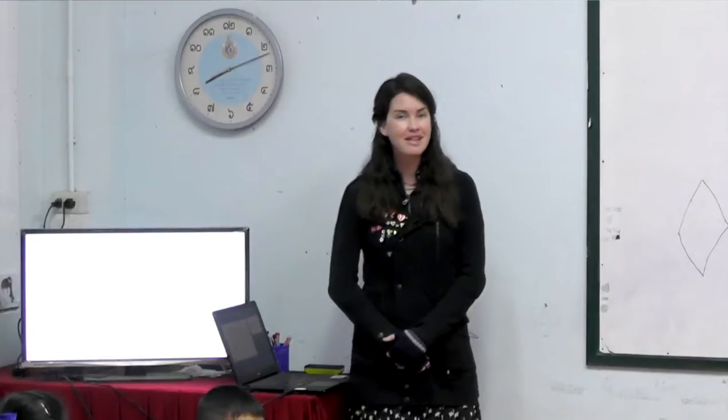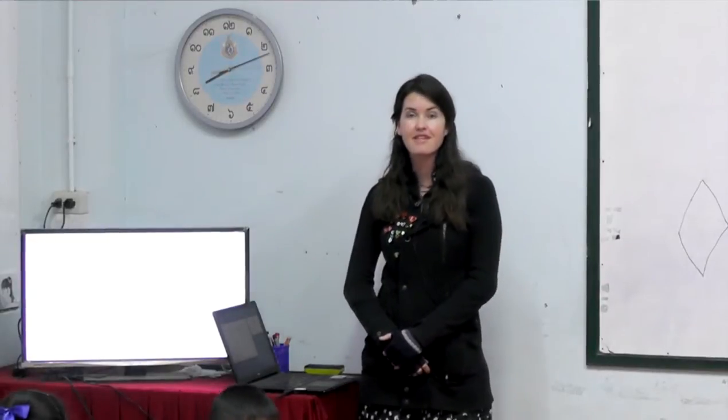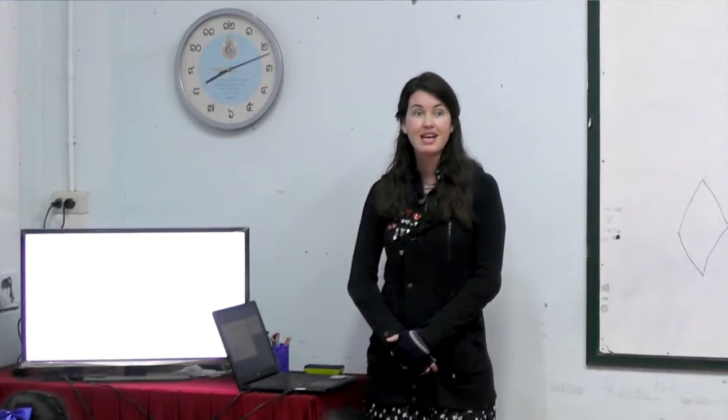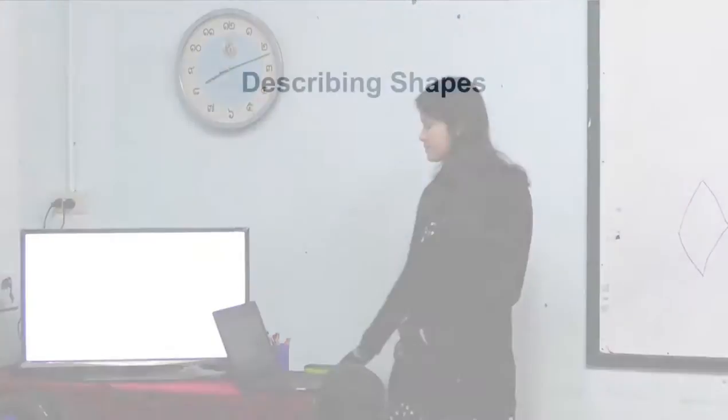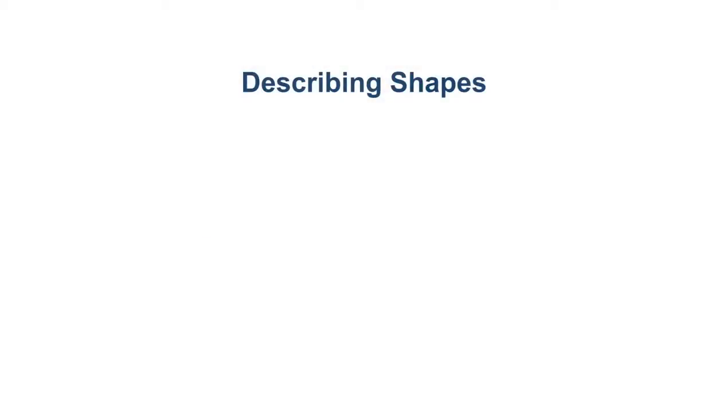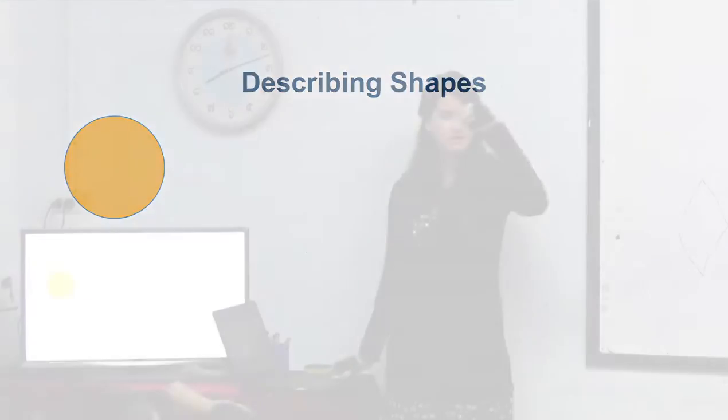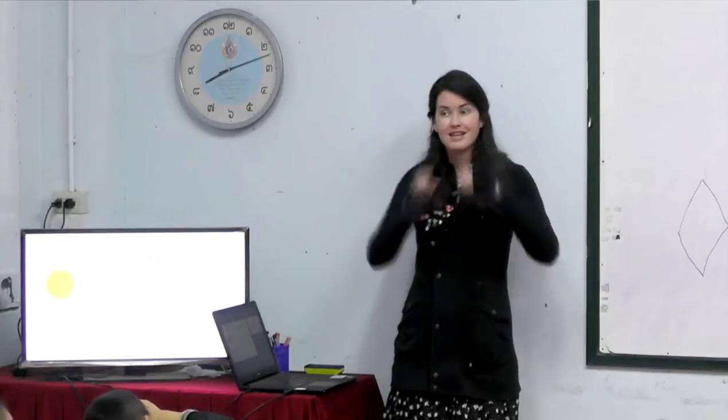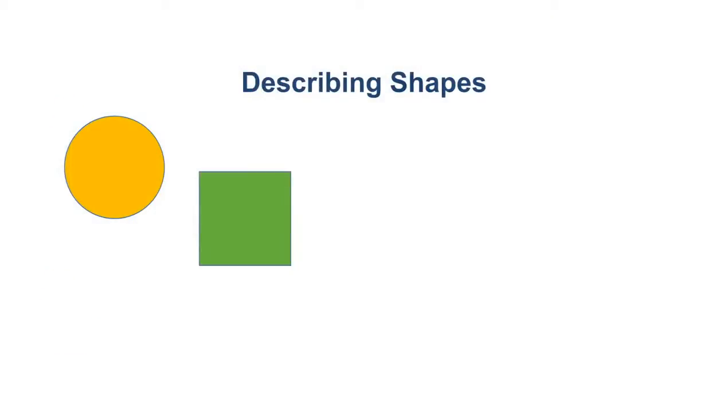Okay, let's learn about some of the different parts of the shapes we know and how we can describe them. So today we're going to be talking about describing the shapes. What's this? Circle. Show me a circle. Good job. What's this shape? Square.